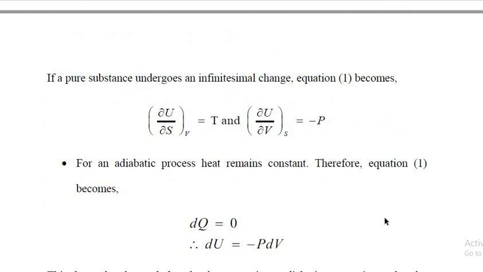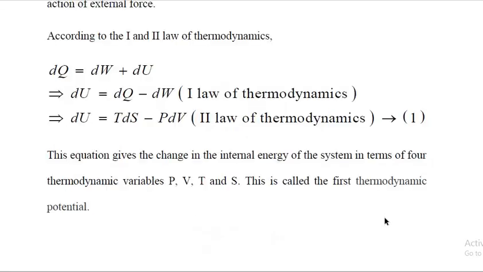Now, if a pure substance undergoes an infinitesimal change, that is, a small change, equation 1 becomes: see equation 1, it is du is equal to TdS minus PdV. At constant volume, what happens to this PdV?